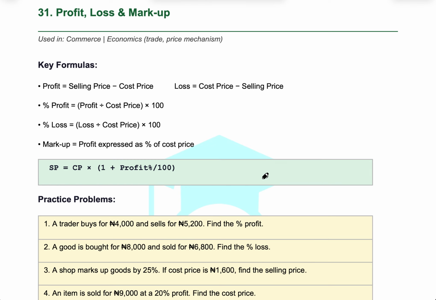You can always find the percentage profit by dividing the profit by the cost price. The same thing with percentage loss as well. And markup value is when you express the profit as a percentage of cost price. This is more financial math calculation.